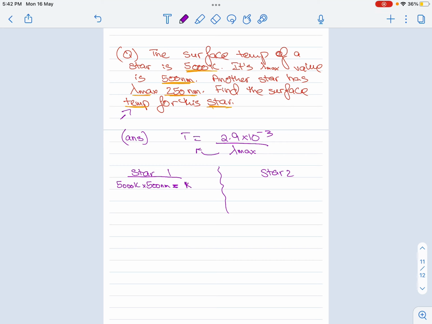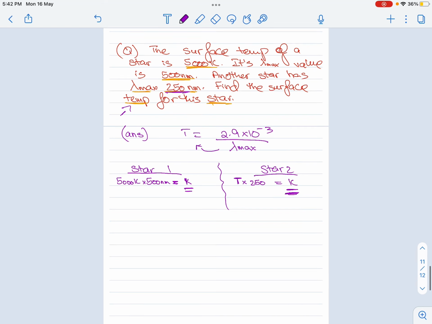I'm writing the constant as k, and for the other star we were given the wavelength max as 250, and we're not given the temperature. So I'll write down temperature as T and wavelength max as 250 equals k, right? So both equations equal the value k, hence we can equate both equations because they equal the same thing.